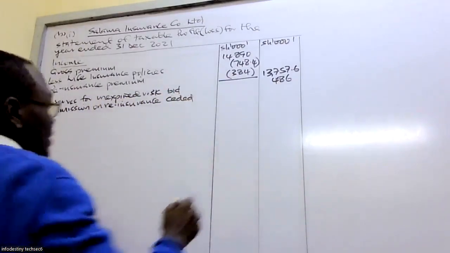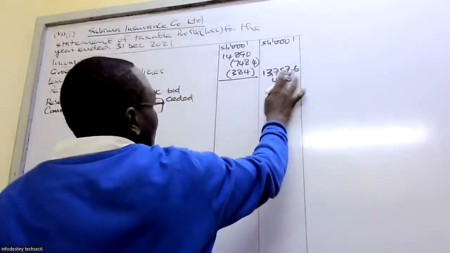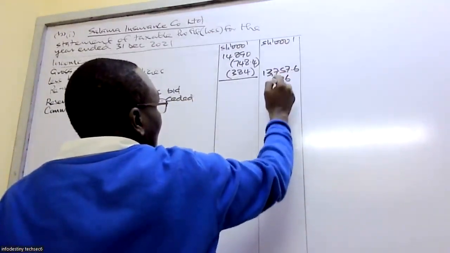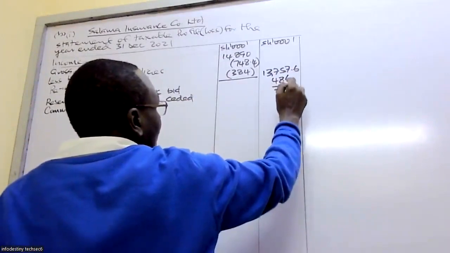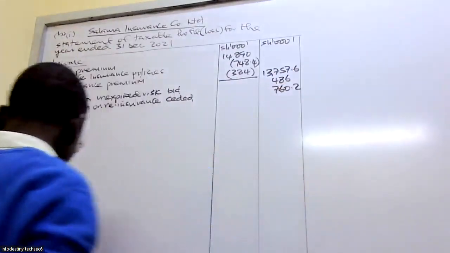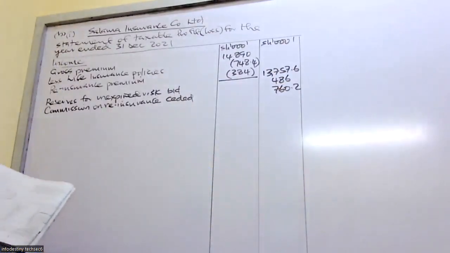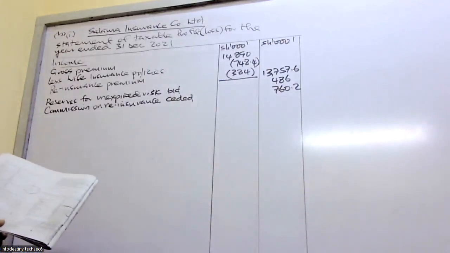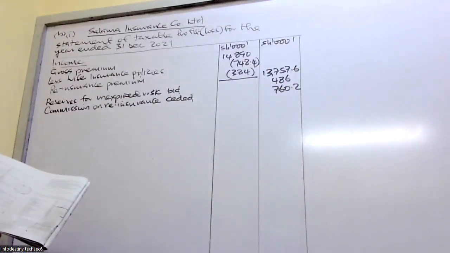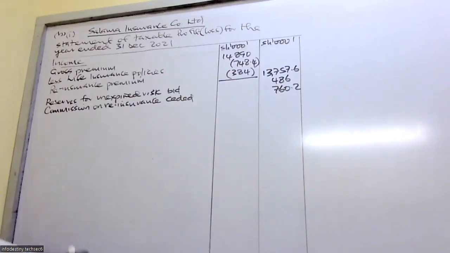Commission on reinsurance ceded is 760.2. Foreign exchange loss. Now, rent income 678.3. It goes with repair of rented property, yeah.